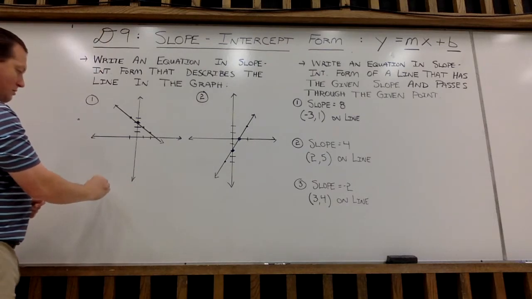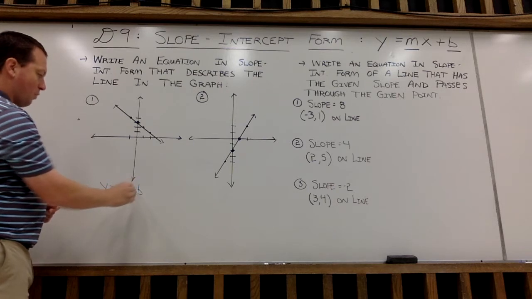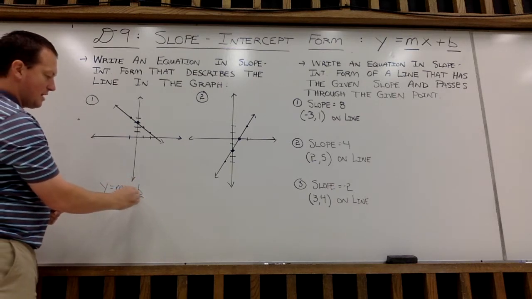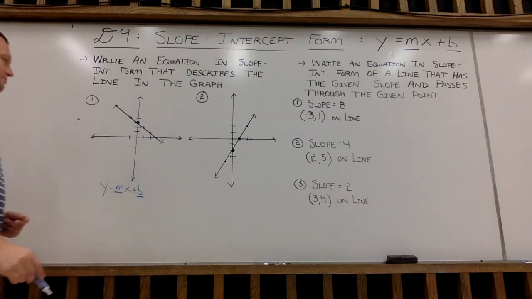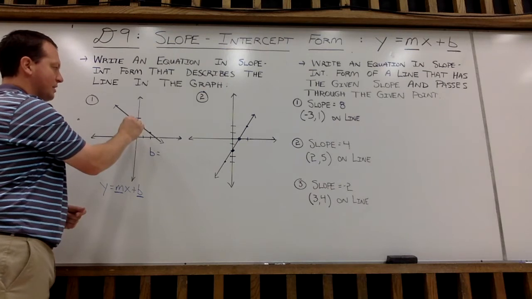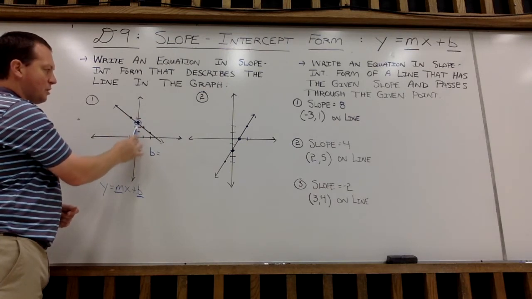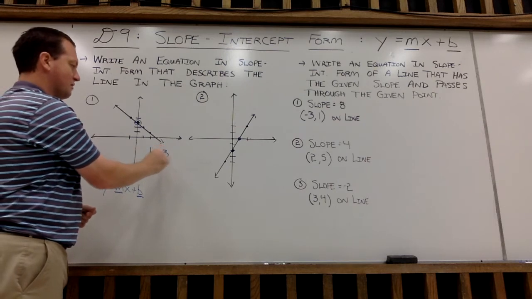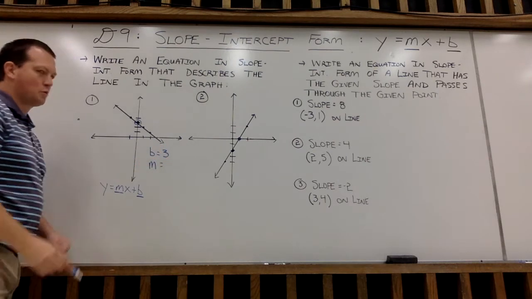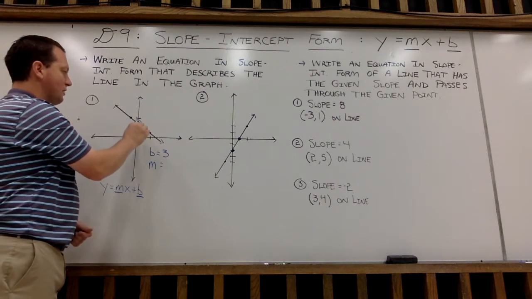So recall, our goal is to write the equation in slope-intercept form, y equals mx plus b. I need to find the slope of the line and then b, the y-intercept. So let's find b, the y-intercept of this line. From the origin, this point is up 1, up 2, up 3, so b is positive 3. M, the slope, is the rise over run to get from any one point to another.